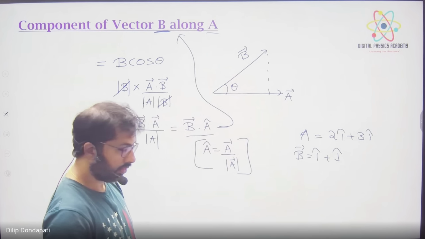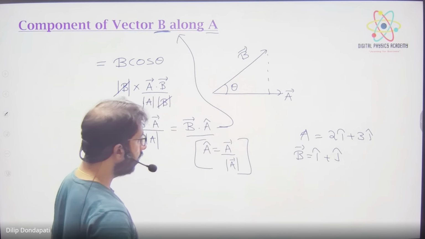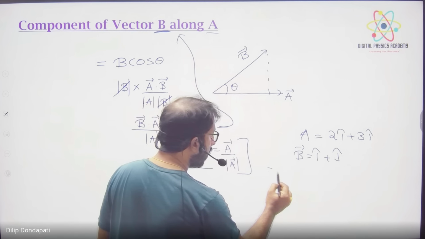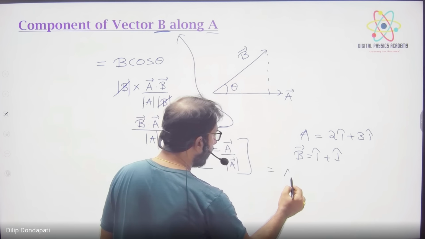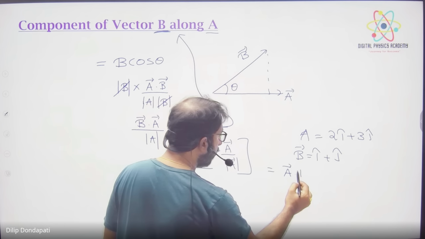Find it. So what is the formula? Component of A along B means A vector dot B cap.